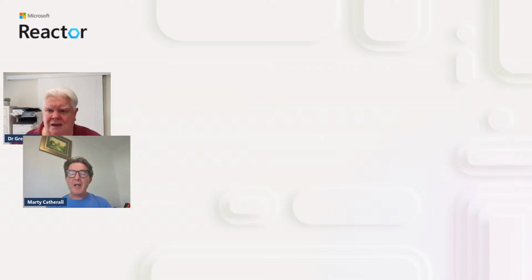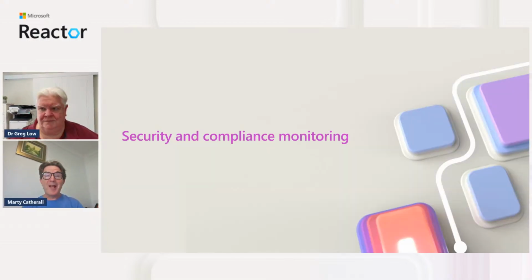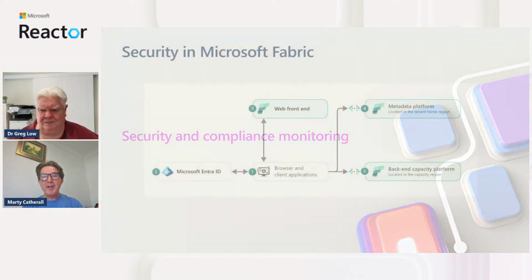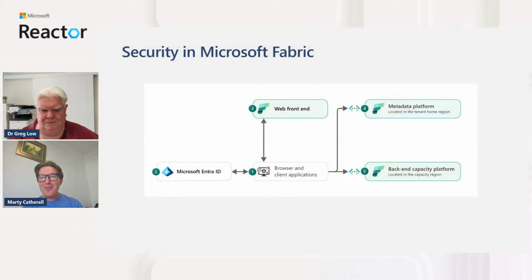So security and compliance monitoring is front and center of everyone's mind, whether you're doing Fabric or keeping your own passwords or doing anything you like, security is a big thing nowadays. So Microsoft in general take a layered approach of looking at security. So we see in front of us a typical workflow going on here.